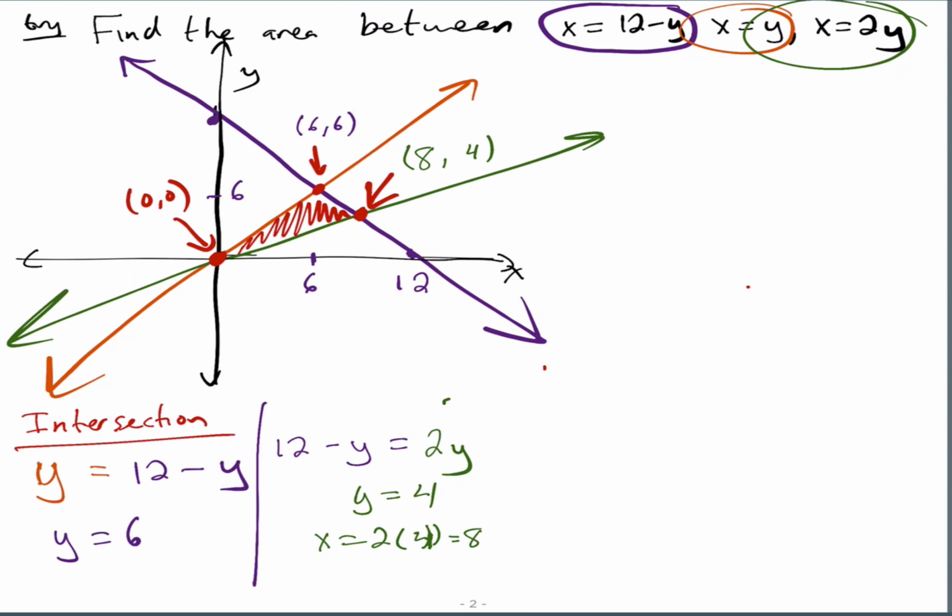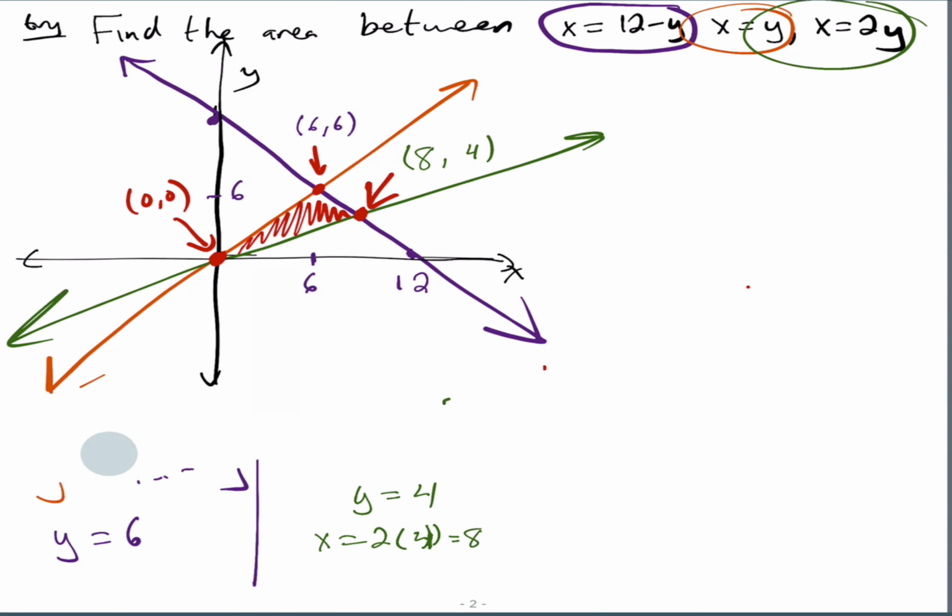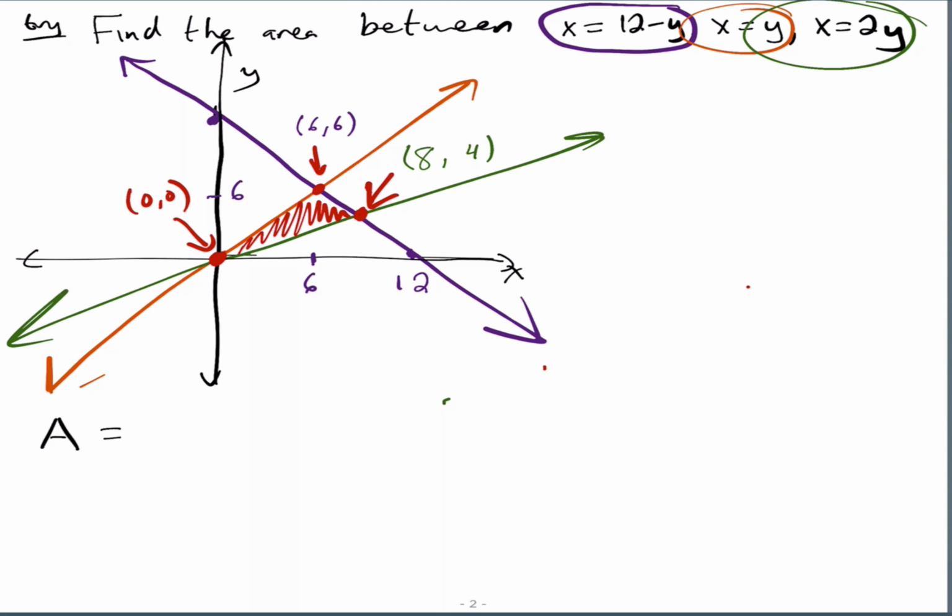So I'm going to erase this so that we have enough space. And like I said, you have choices. So let's do both ways, because this one is easy to do both ways. So area with respect to, which one should we do first?